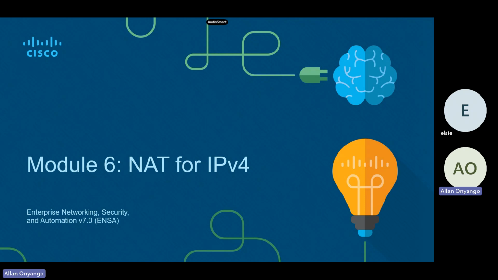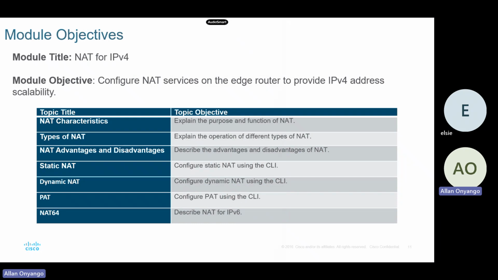So we are going to have the following as objectives for our study, and as we go through these objectives, I'll take you through the purpose and functions of NAT. We'll explain the operations of different types of NAT. Then we look at the advantages and disadvantages. Then we look at the three types of NAT, which is static NAT.